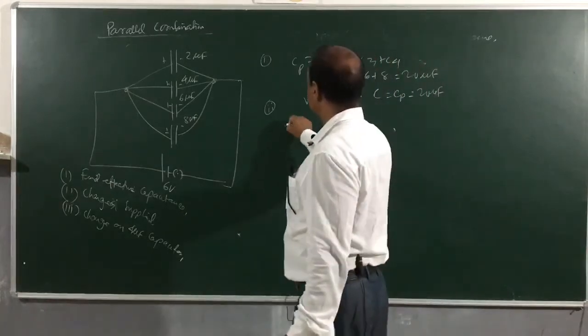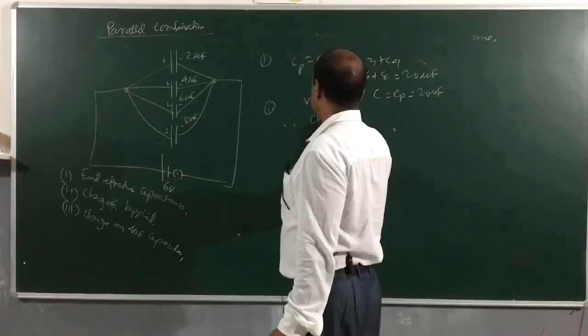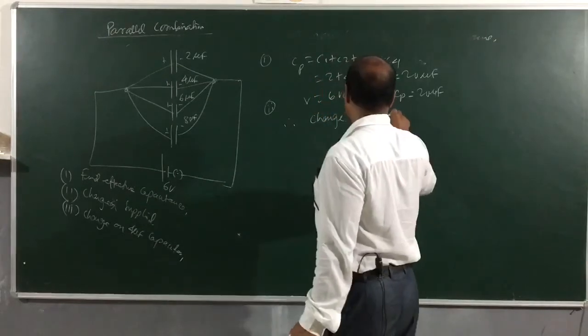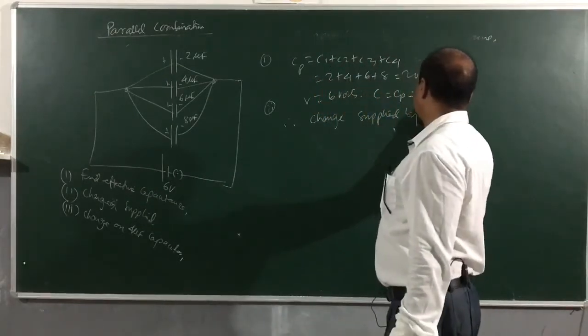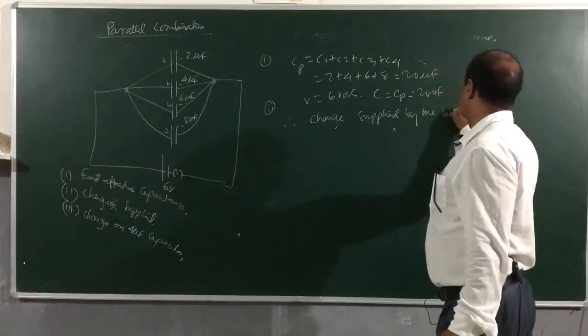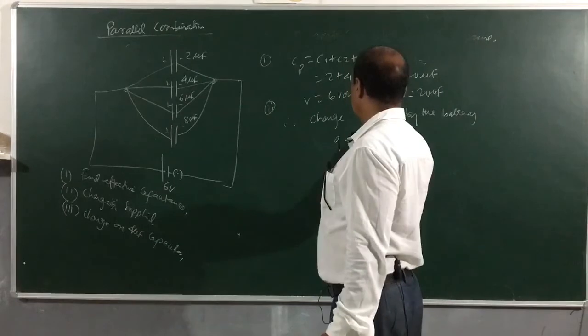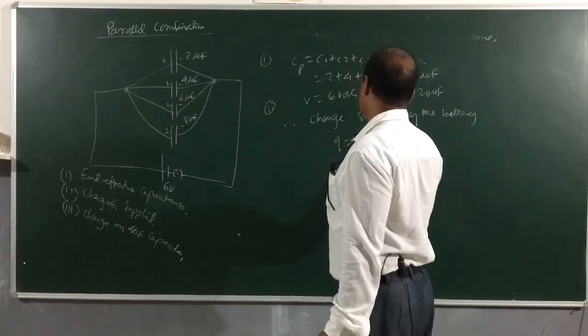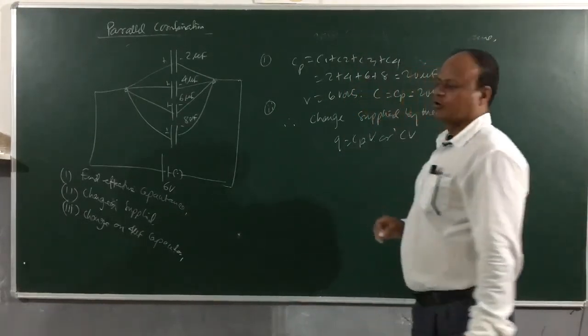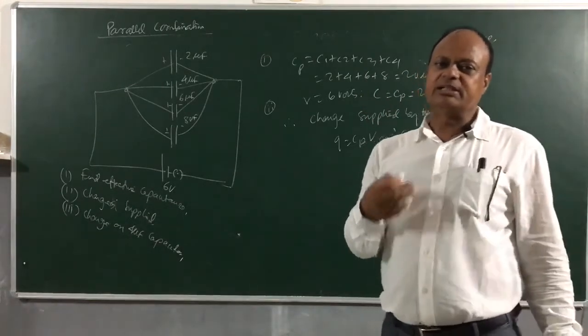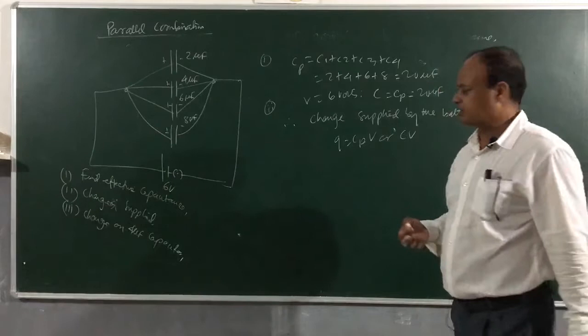Therefore, charge supplied by the battery Q is equal to Cp into V. I can just write C into V, whatever, symbols are not important, but you have to know C or Cp, that is equivalent capacitance of the circuit.